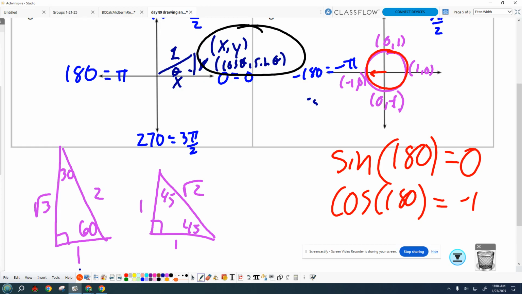You probably did the arithmetic wrong, or we'll leave it calculator ready. If I said, what is sine of 203, you're like, okay, reference angle's 23. Well, it's going to be negative sine of 23.